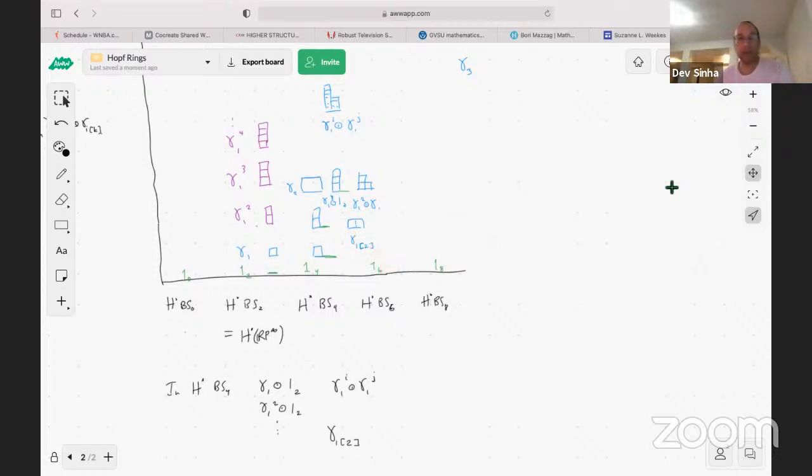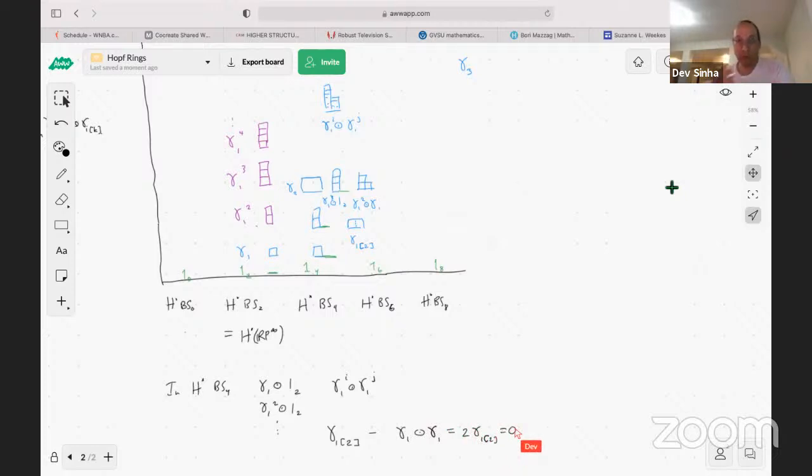And that's because, actually, let's look at the relationships. So note that gamma 1 divided power 1 transfer itself is equal to twice gamma 1 divided power 2. And of course, that's 0.